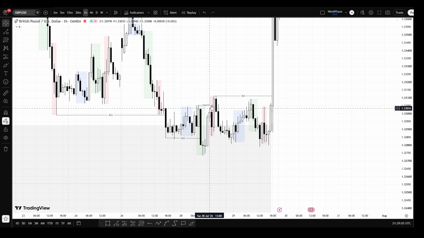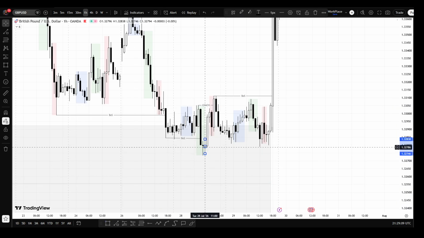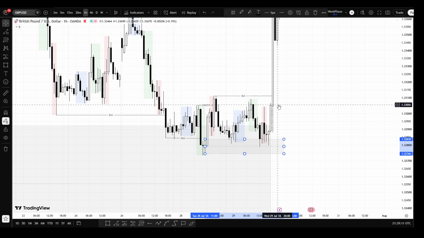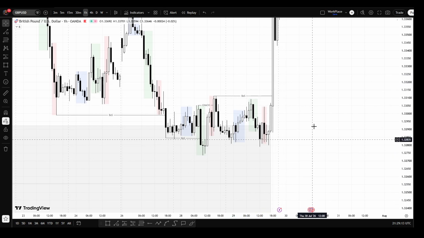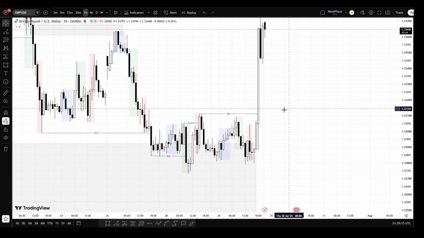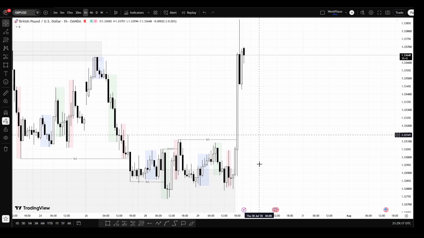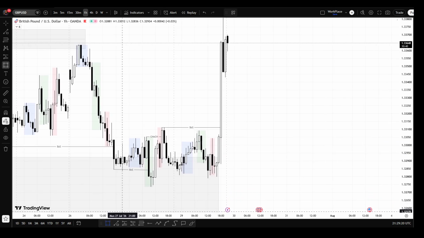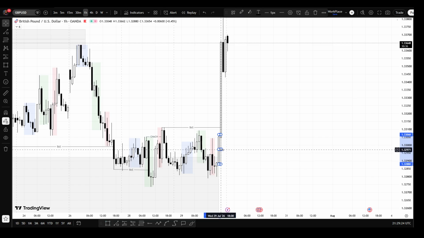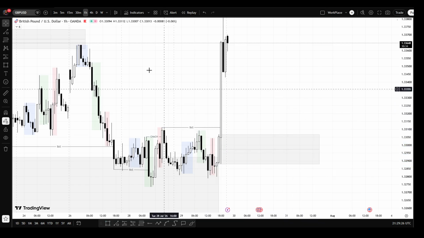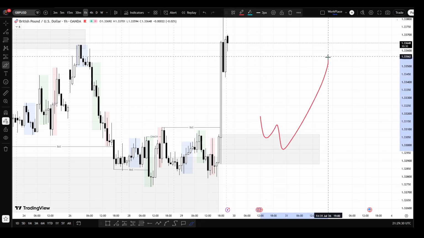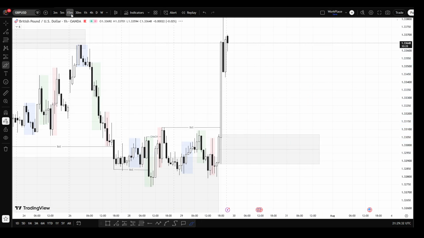So price mitigated this other block here, the previous candlestick, and then we got an impulsive move to the upside. All right. So after that, we have this other block here as our H1 other block, to look for a reaction to the upside.